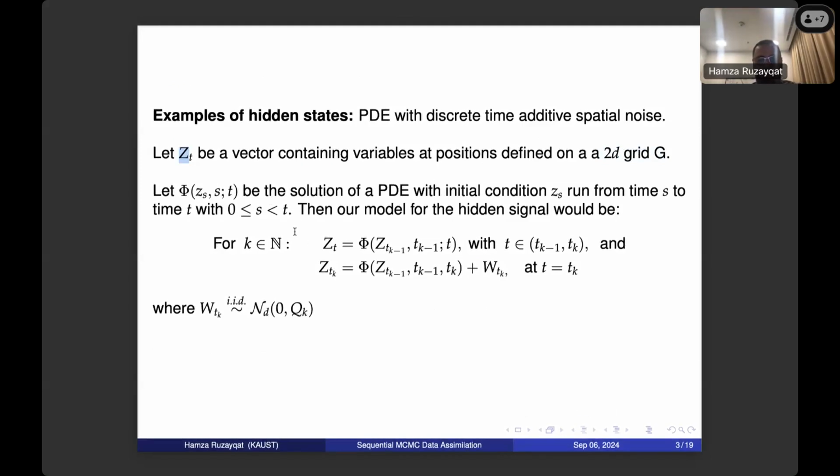When we don't observe, the state is given as a solution of the PDE at time t, running the PDE from time t_(k-1) up to t with initial conditions Z_(t_(k-1)). And at the time of observation, it's the same thing, except that we add noise W_tk. For example, it could be Gaussian noise sampled from a Gaussian distribution with a covariance matrix Q_k.